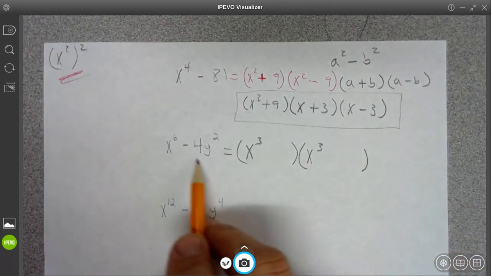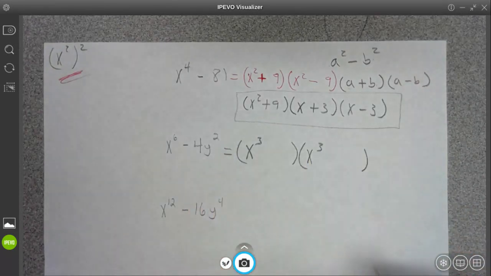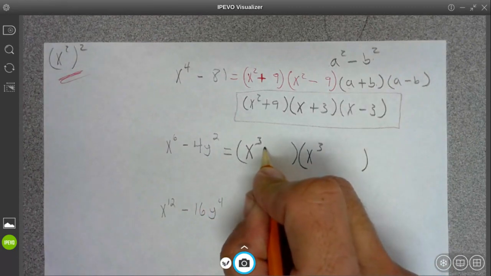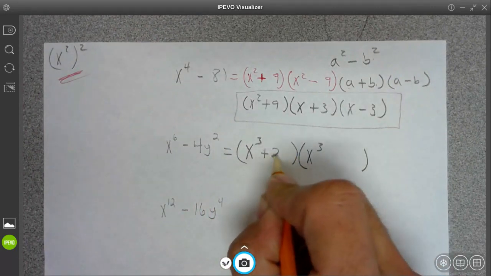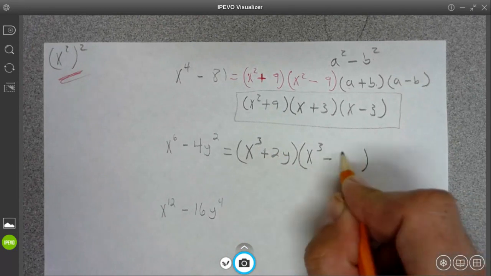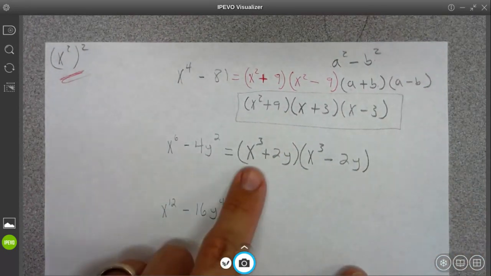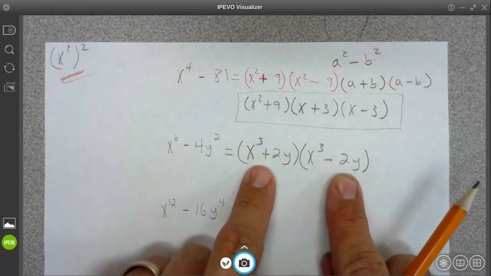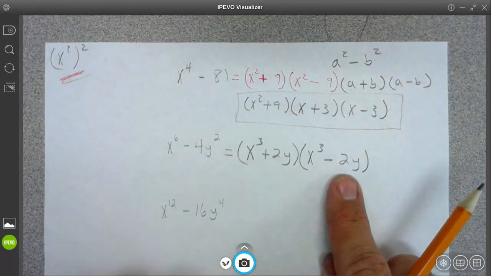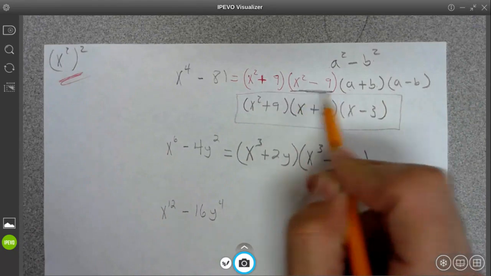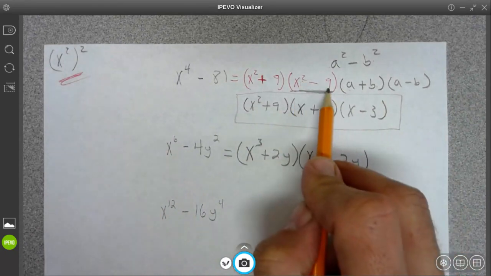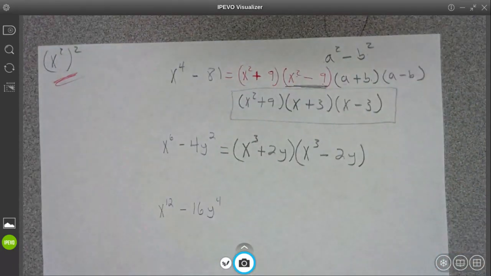And then what times itself will give you 4y squared? That's going to be a 2y. And the other's a minus 2y. Okay, yep, that works out. And this one does not factor like this one did up here. This one was kind of special because it had another square and another perfect square. Doesn't always happen though.